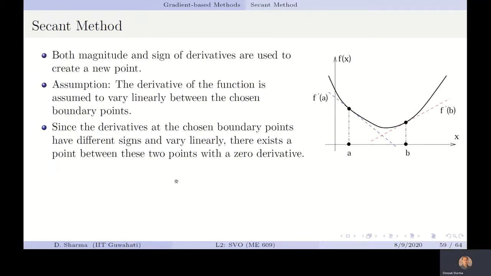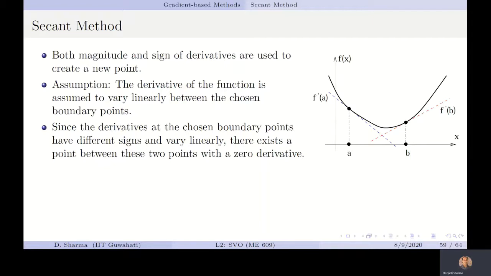Now this is the last method in this particular chapter. That method is called the secant method. Here in the secant method, we are going to use both the magnitude and the sign of the derivative. So you remember that in the bisection method, we were never using the value. We were just looking at whether, first of all, at the two points, the derivative should be of opposite sign.